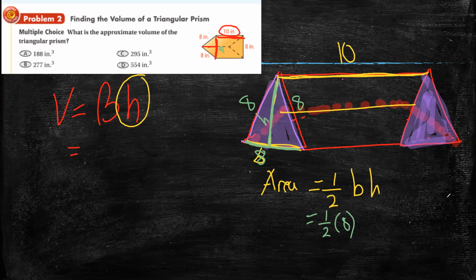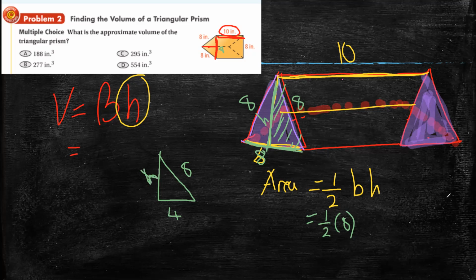How can we find it? Here we have a right triangle. In this right triangle, this is 8. This is half of 8, which is 4, and we explained before why. And this is now my h.